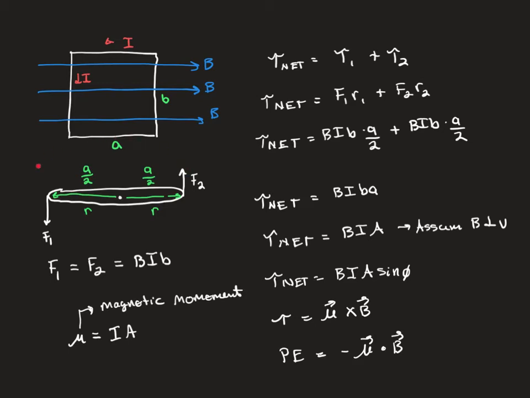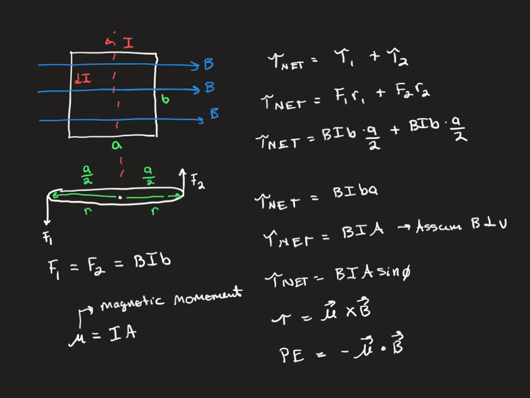We have a rotation point down through the center, and they are both going to cause a counterclockwise rotation, because this one is going to pull up and around, and this one is going to pull down and around. If we remember from Physics 151, torque is equal to force times the lever arm.